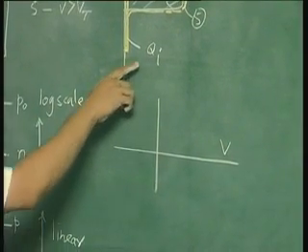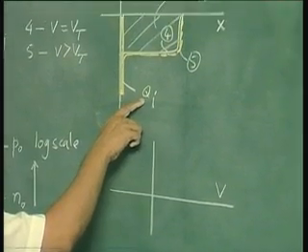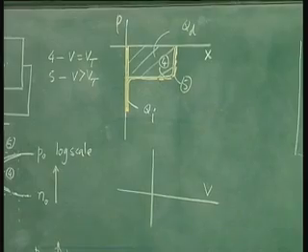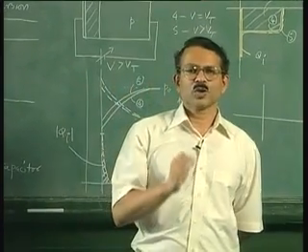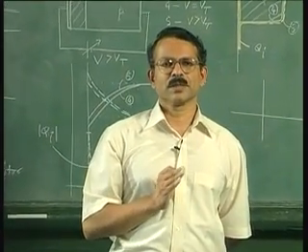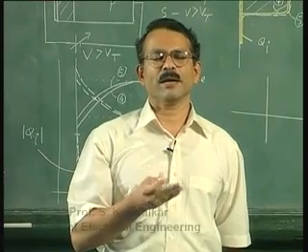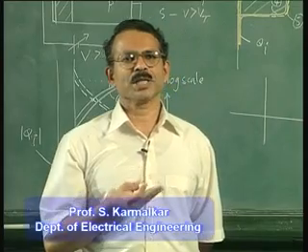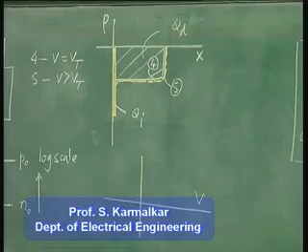As I have said earlier, the calculation for Qi and Qd for V greater than Vt will have to be done numerically. So we are only presenting the results here, based on which we can make a very simple approximation and we can get the charge conditions and we can calculate them.